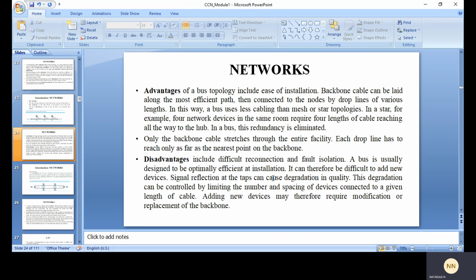This degradation can be controlled by limiting the number and spacing of devices connected to a given length of cable. Adding new devices may require modification or replacement of the backbone. These are the main disadvantages of bus topology.